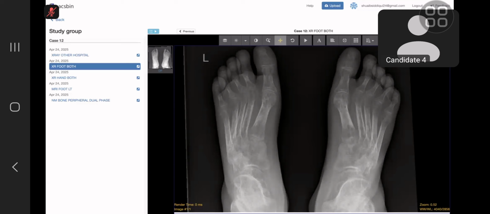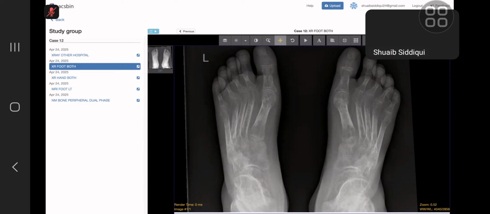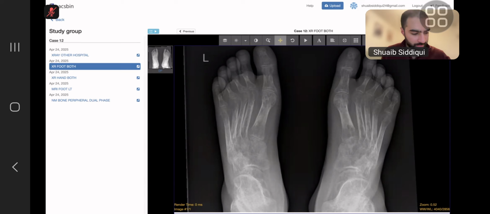Another possibility is that due to some gross immobilization, there can be Sudeck dystrophy. I will also like to know whether the patient has any history of immobilization for a long time after some trauma or something. Okay, so just give me your most likely differentials here.